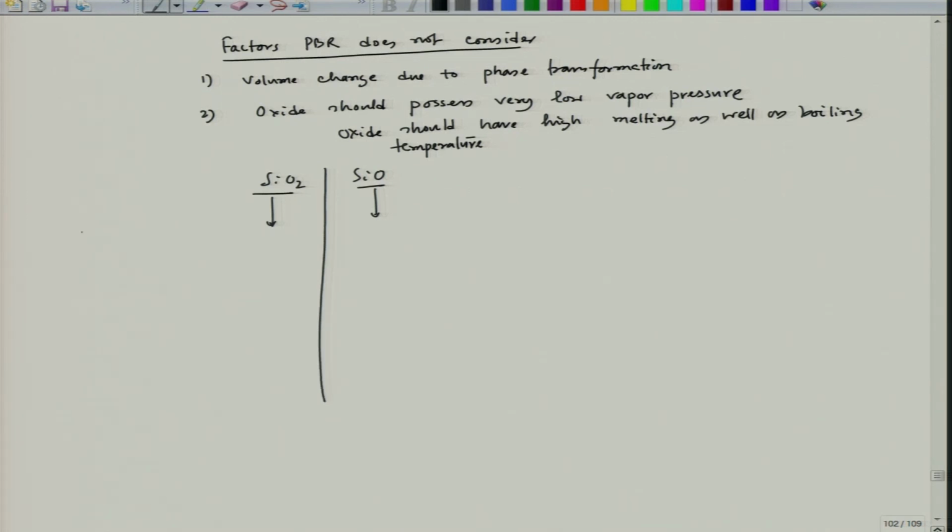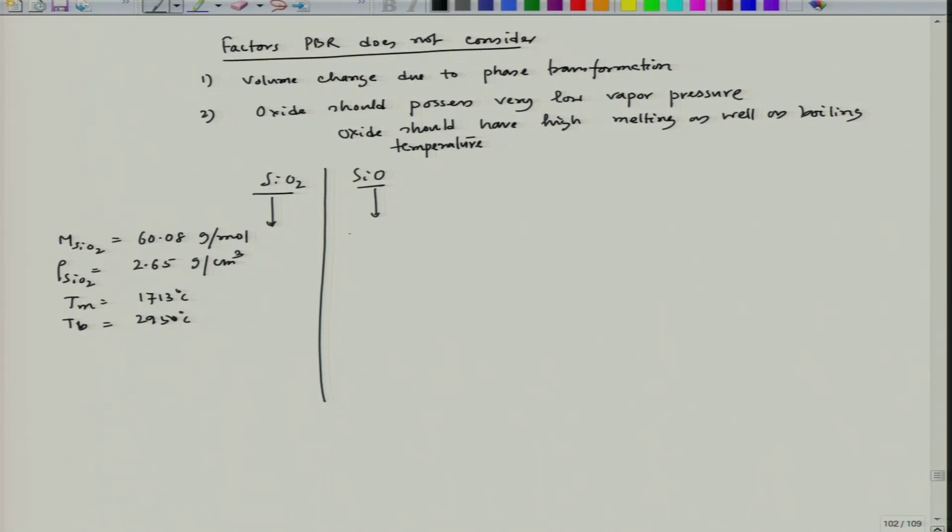For SiO2, the data is: molar mass 60.08 gram per mole, rho equal to 2.65, Tm equal to 1713 degrees Celsius, boiling temperature 2950 degrees Celsius.